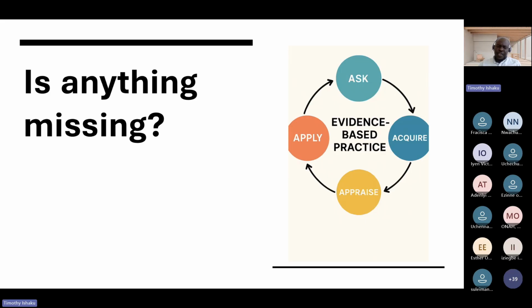Patient preference is not missing, it's within the A's. It's not appropriateness. Patient preference is one of the key pillars alongside the evidence and clinical expertise, but we're talking about the process.